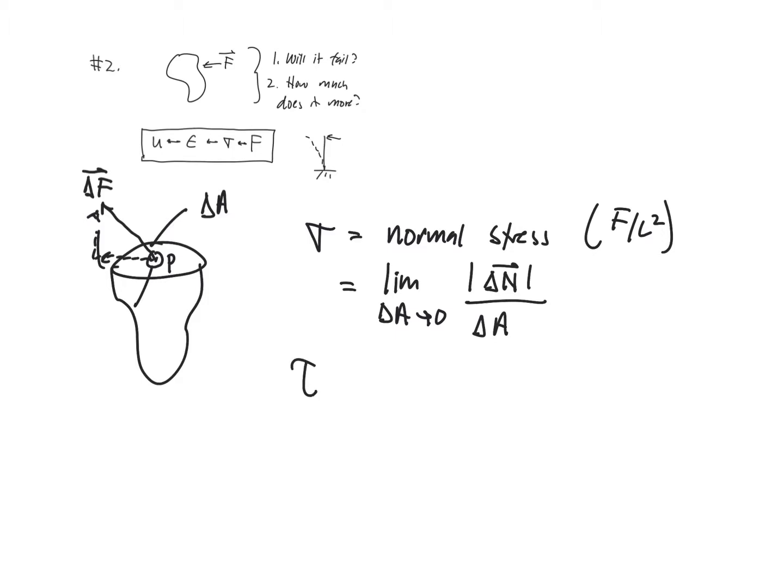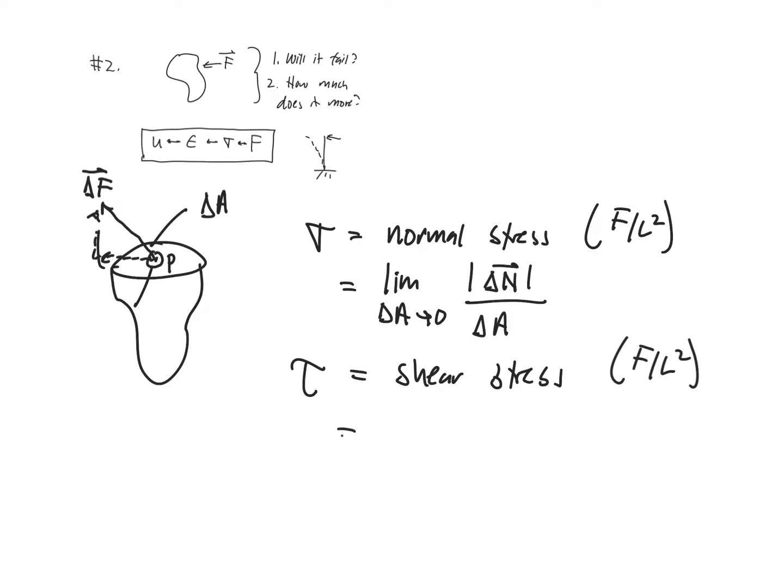We also then do the same thing with tau, which is the shear stress. That also has the dimensions of force per length squared. And so again, the dimensions are the generic ones, force per length squared. When we say units, that would be pounds per square inch or newtons per square meter.